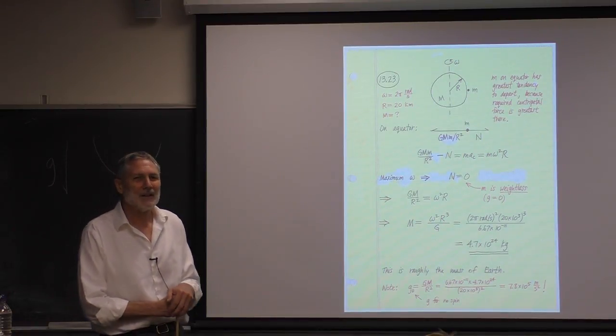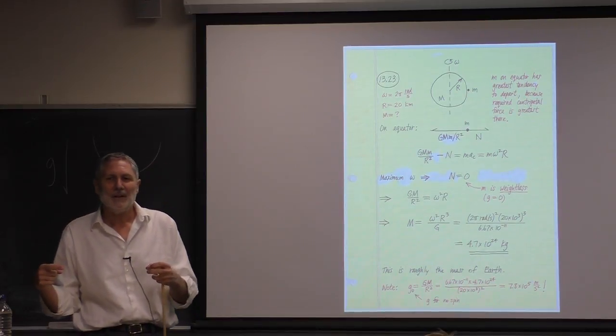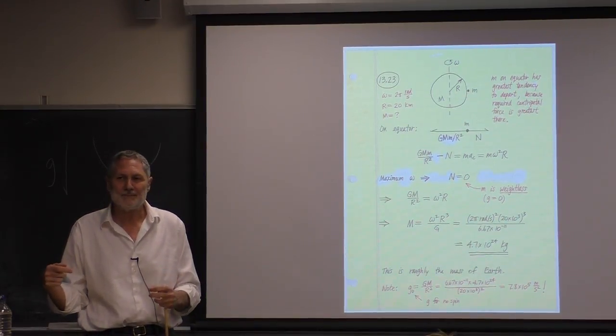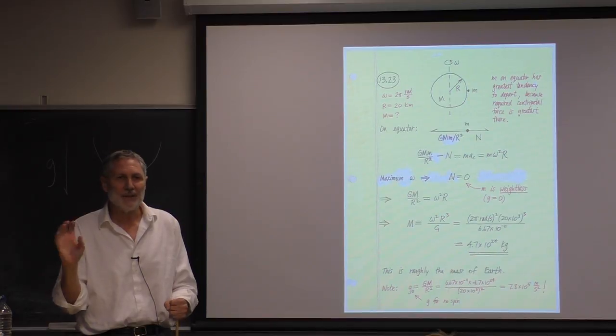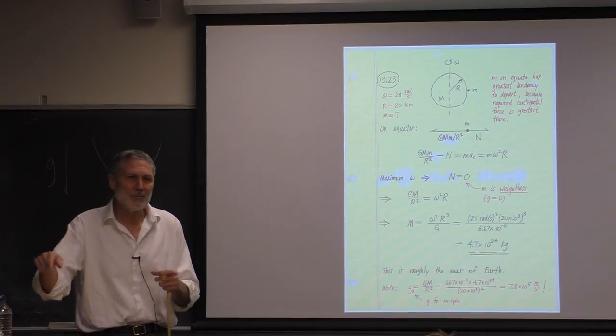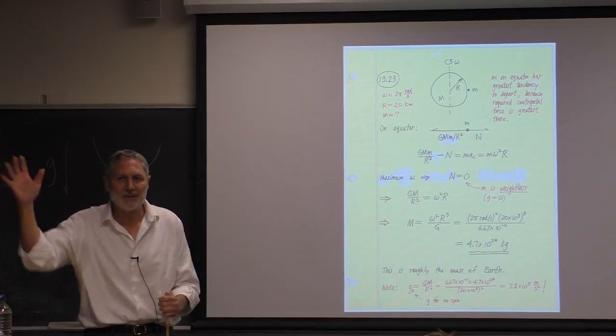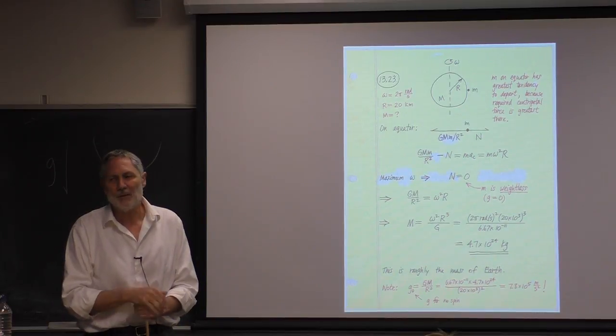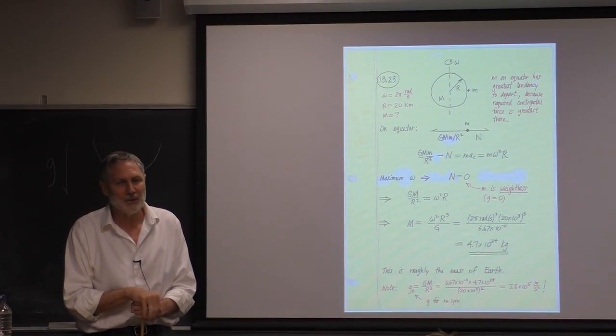Huh. Yeah, here's another one for you. The moon spins, right? It spins at the same rate that it goes around the Earth. We always see the same face of the moon. Oh, that's just a coincidence, right? What do you think?